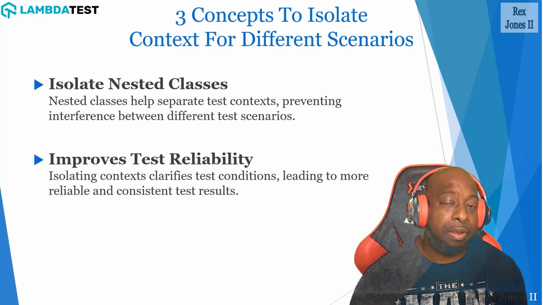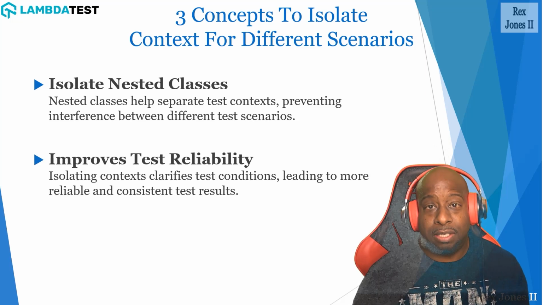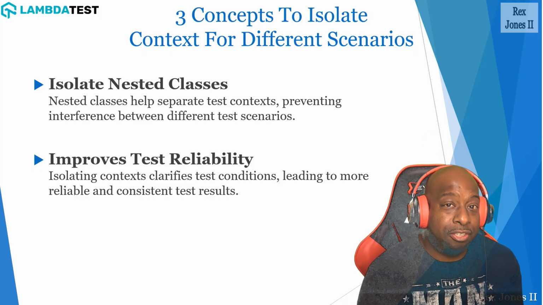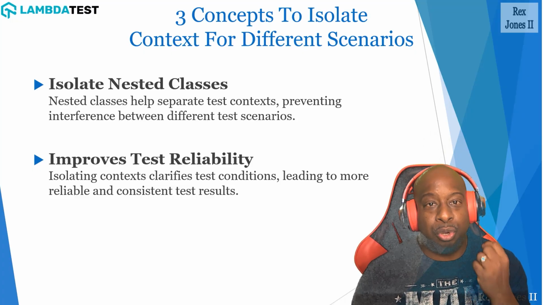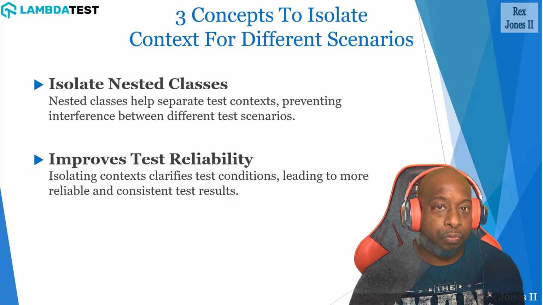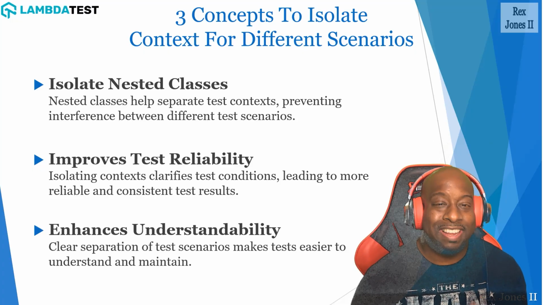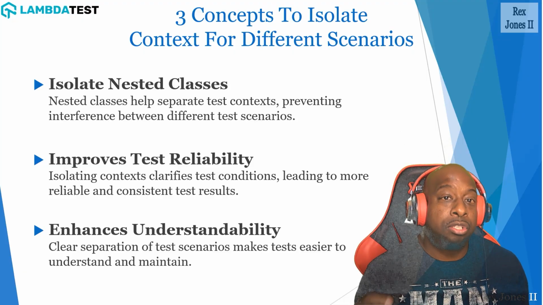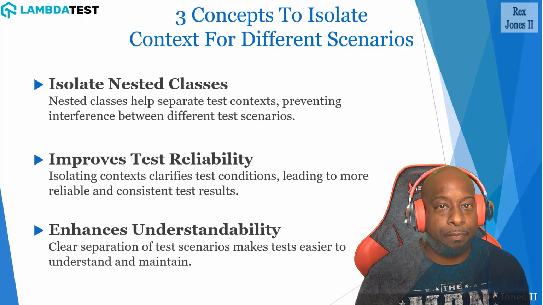The second concept improves reliability with each test. It clarifies the test condition and leads to consistent test results. The third concept enhances an understanding of each test so it is easy to maintain.